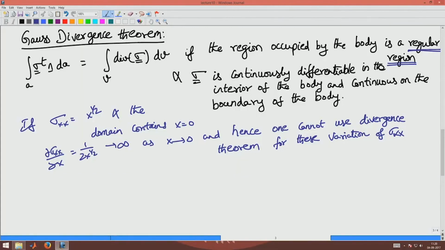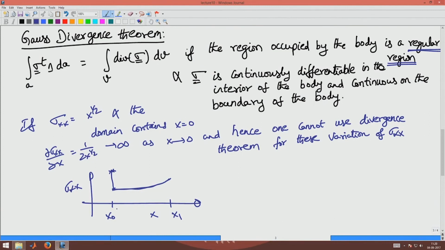Okay. Continuously differentiable in the interior and continuous at the boundary means, if I have the body defined, and I have sigma xx versus x from x0 to x1, I can't have such a variation, that is, it can't have a different value at the boundary and a different value near the boundary.